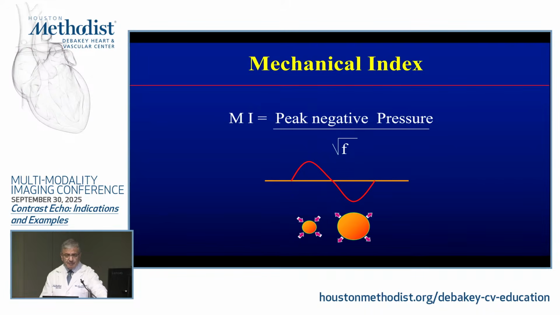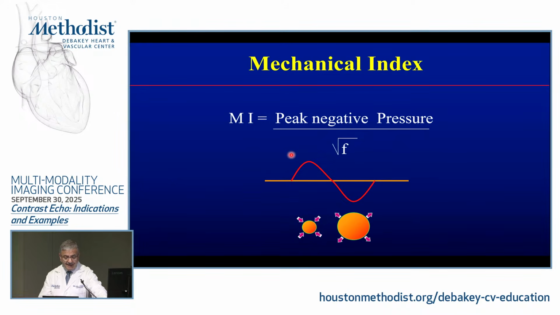Where I think it's important to know the settings on your ultrasound machine. We talked in the first such lecture on the basics of ultrasound imaging about how the mechanical index is actually the power that is sent towards the imaged object. The mechanical index is the peak negative pressure, meaning the height of this wave, divided by the square root of the frequency.